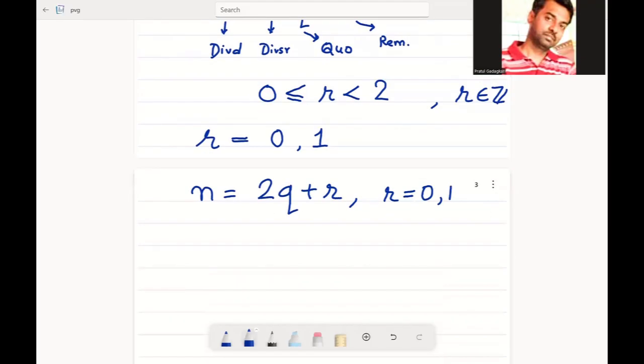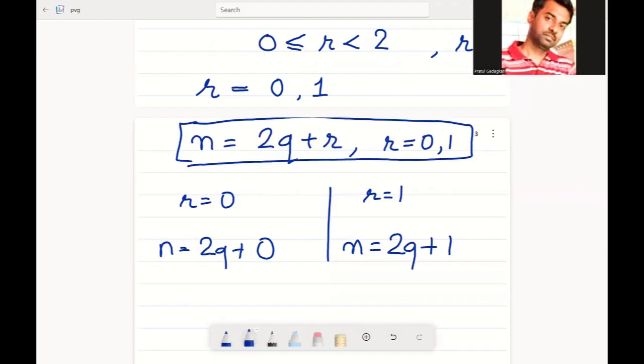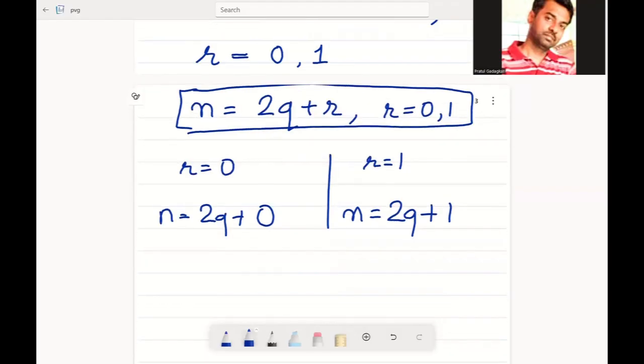So if I make two parts, if I put r equal to 0 and if I put r equal to 1. If I put r equal to 0, then n is equal to 2q plus 0. If I put r equal to 1, n is equal to 2q plus 1. I'm substituting the value of r in this equation, n equal to 2q plus r. So this means n is equal to 2q or n is equal to 2q plus 1, where q is some integer.